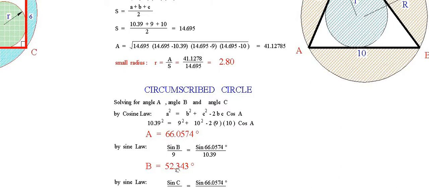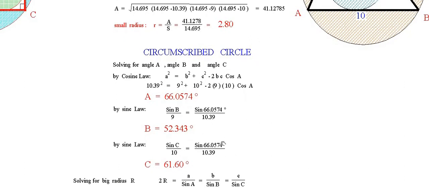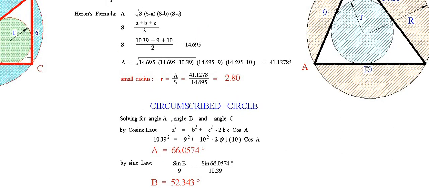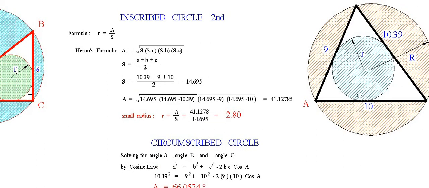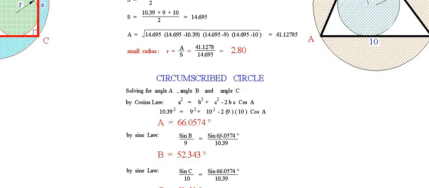Then solving for angle B, it is 52.343. Angle B is smaller than angle A. Then by sine law also, angle C: sin C over 10, opposite the angle C, is the same as this, sin 66.0574 over 10.39.